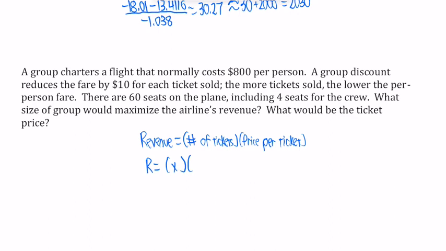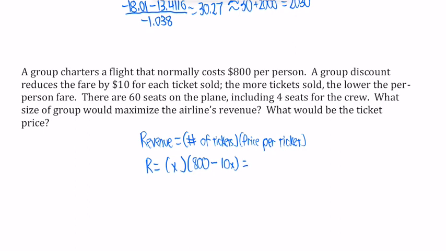Now let's think about the price per ticket for a minute. It starts at 800 and it's reduced by $10 for each ticket sold. So we would have 800 minus 10 times the number of tickets sold. So our revenue function is x times 800 minus 10x.